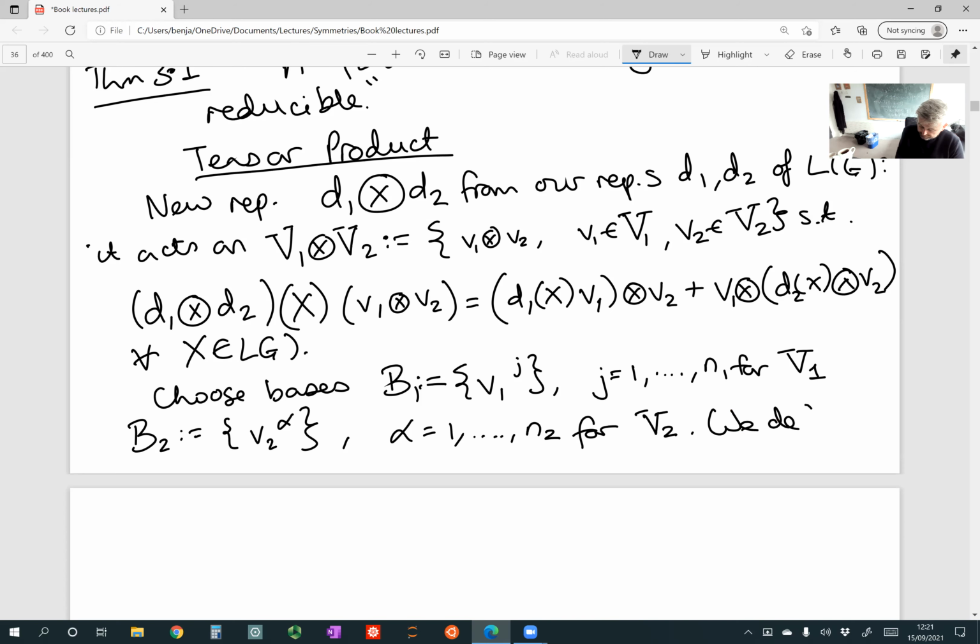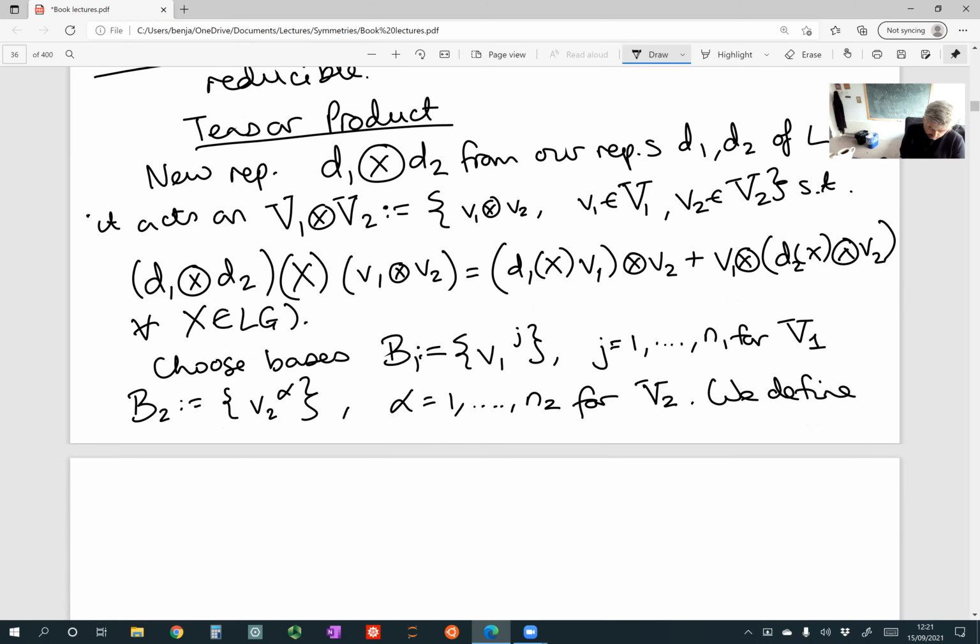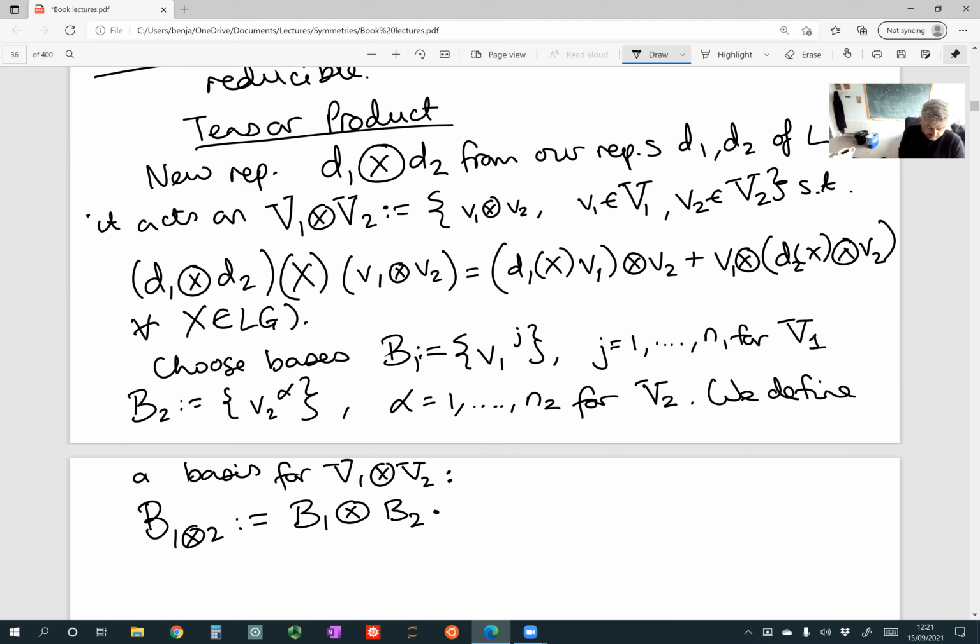So now we define a basis for the tensor product of the two representation spaces. This basis we're going to call B1 tensor B2, which is the same thing as v_1j tensor v_2alpha. And so the dimension of this thing is just n1 n2.